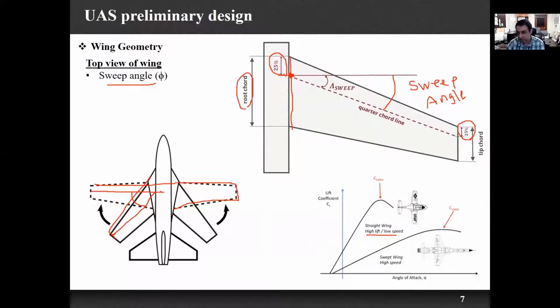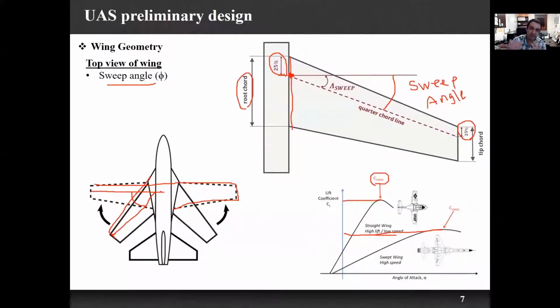So you see that the lift coefficient here is higher than in this aircraft which has a sweep angle or sweep back wing. So the CL max, which is the maximum lift coefficient, in the straight wing, which needs high lift and lower speed, is higher than in the swept wing airplanes, which need to fly with a higher speed, and they have this angle.